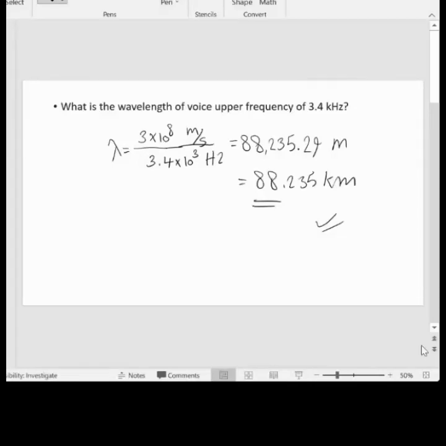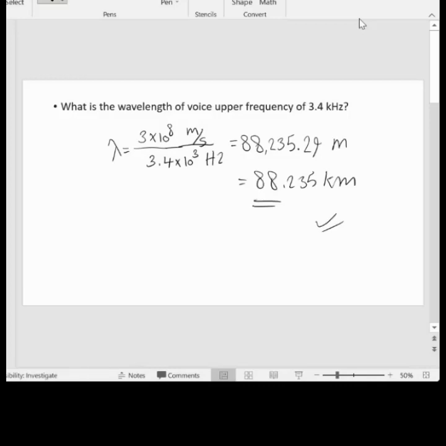Okay, so for the first question, as we just mentioned, we want to find the wavelength of the voice upper frequency, which is 3.4 kilohertz. So our equation is wavelength equals the speed of light over the frequency.